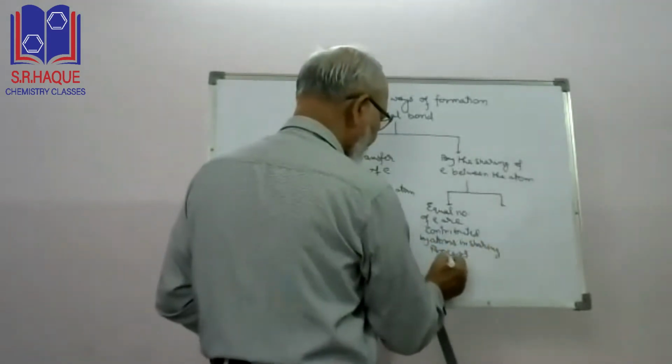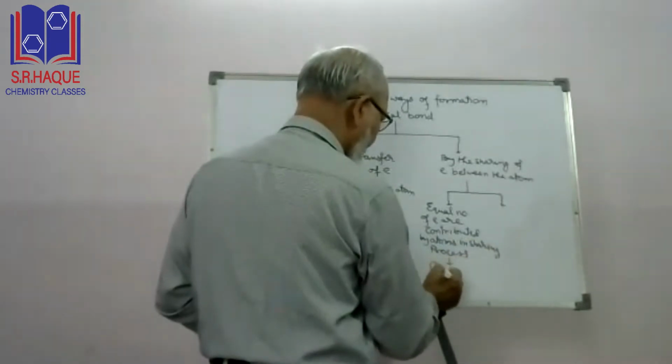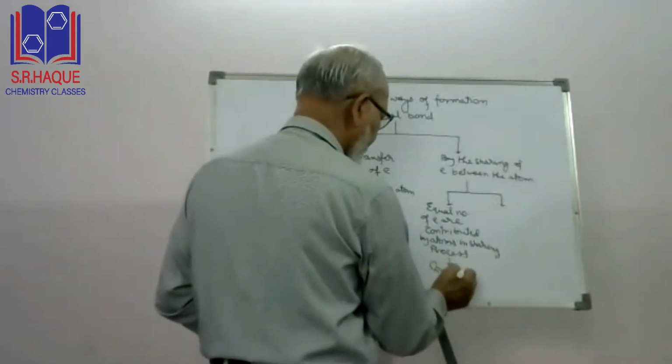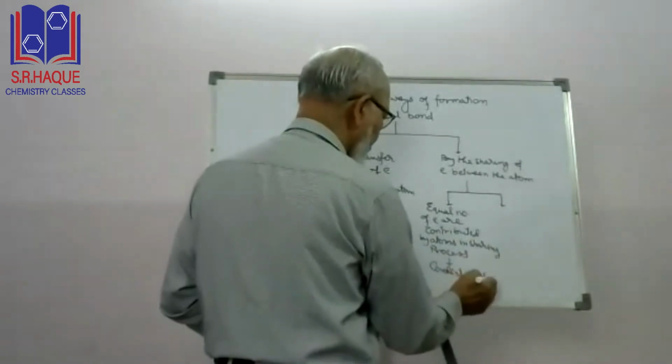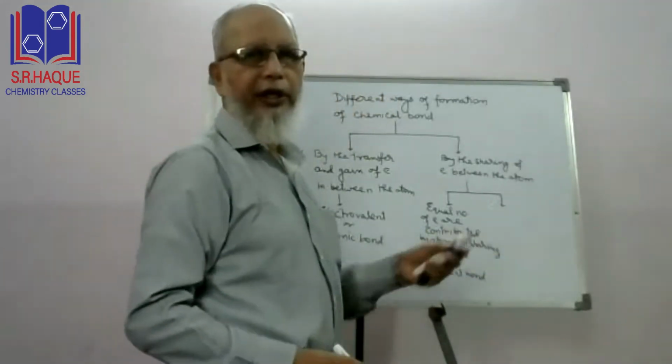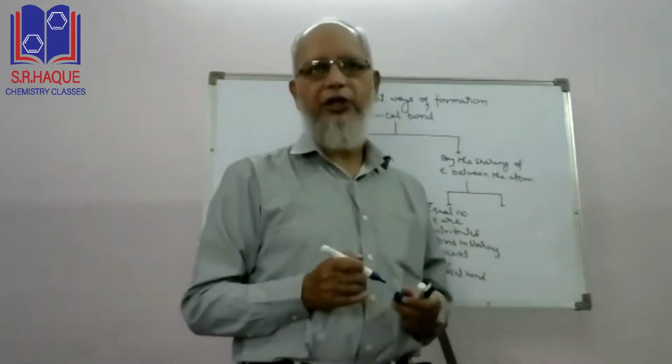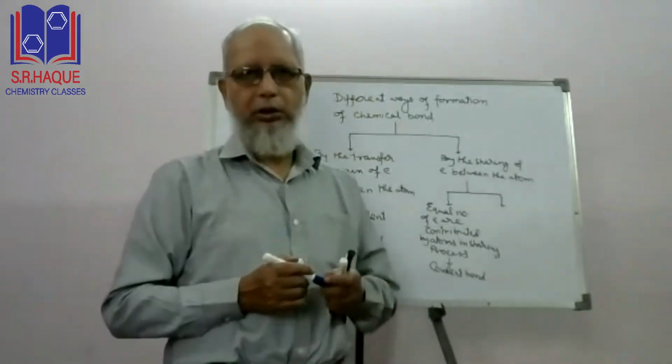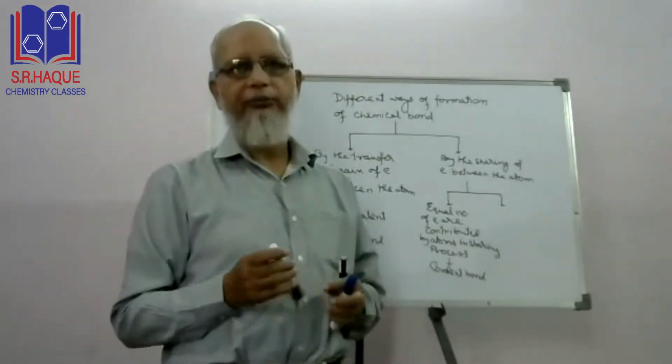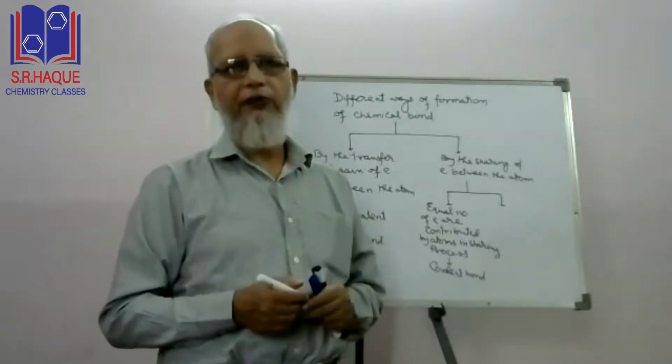This results in the formation of covalent bond. And if the pair of electrons required for the formation of chemical bond is contributed by only one atom, then this results in the formation of coordinate bond.